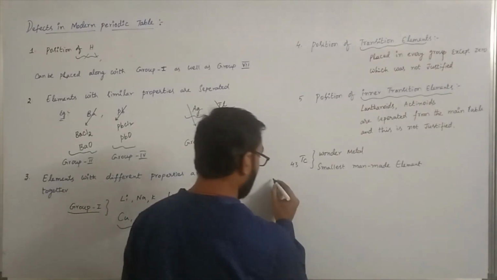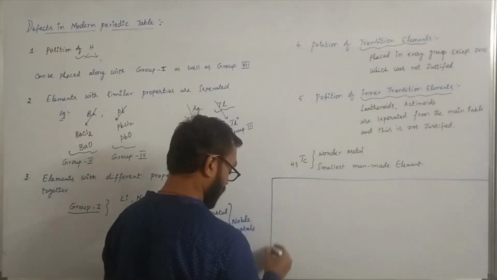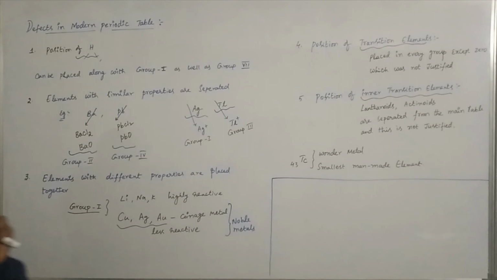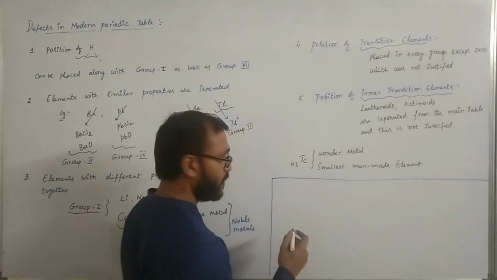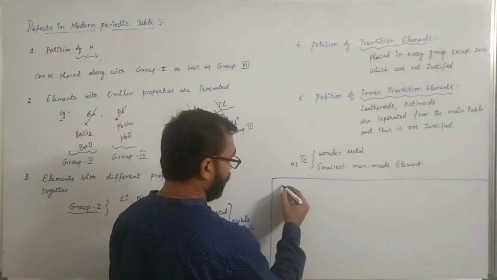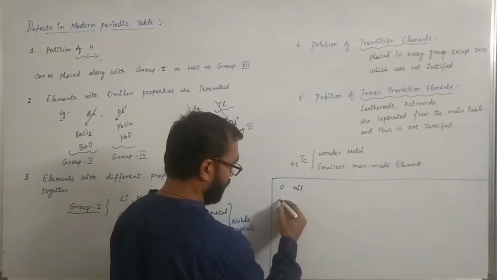Now, sir, before going to see the next classification, how to give names to heavier elements. That means in the periodic table, particularly in the 7th period, there are a few man-made elements which were newly discovered at that time. So how to give numbering or naming to those respective elements, right? If we have 0, use the symbol or use the name nil.